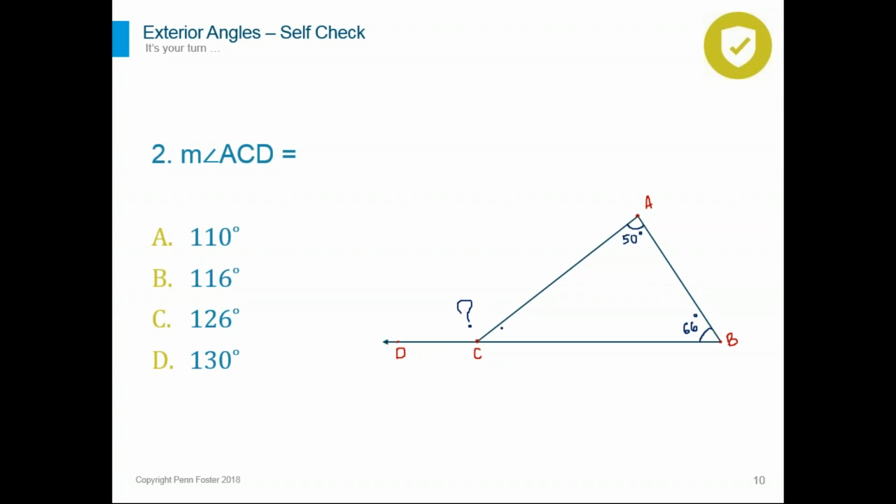Okay, I'm going to leave you with this question. Think about the sum. Do the same as we did and decide if finding this angle will help you to find the exterior angle.